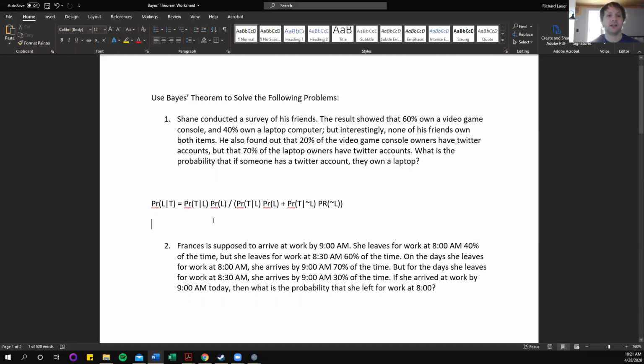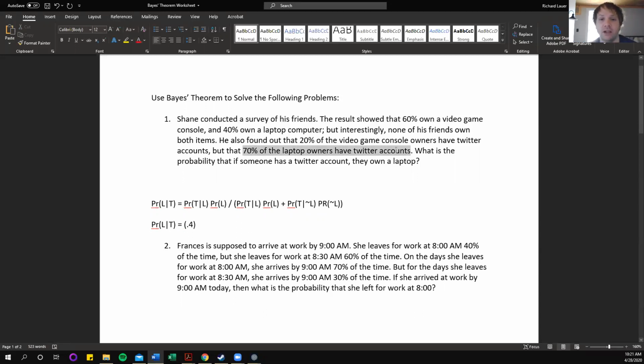But first, let's focus on how we would fill in the variables for these other probabilities. So the probability of L, of owning a laptop, is just going to be 0.4, and that's going to be multiplied by the probability of having a Twitter account if you have a laptop. So we have 20% of video game console owners have Twitter accounts, but 70% of laptop owners have Twitter accounts.